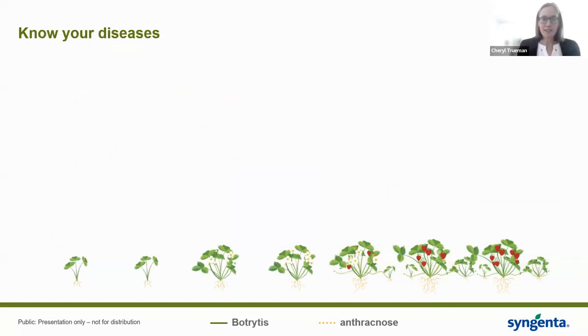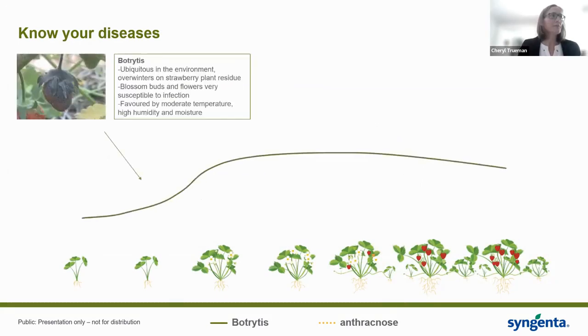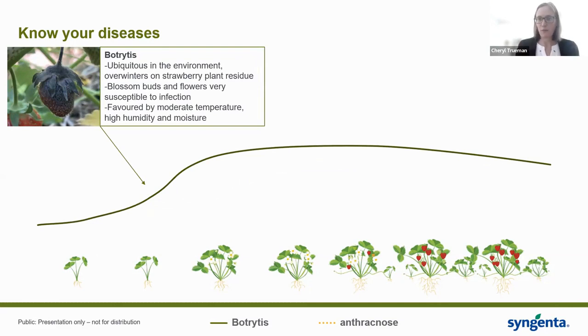So first, know your diseases. So we're talking today about botrytis and some basics on biology for botrytis. You know, it's ubiquitous in the environment, overwinters on residue, and it has a wide host range. So that's why I'm saying it's ubiquitous in the environment.